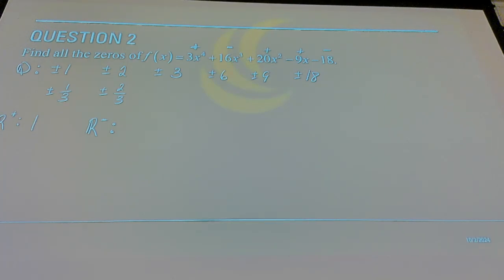So how many negative real zeros are we going to have? All right, what did Descartes' rule of signs say? It's going to be that number less than even. So 3 or 1.